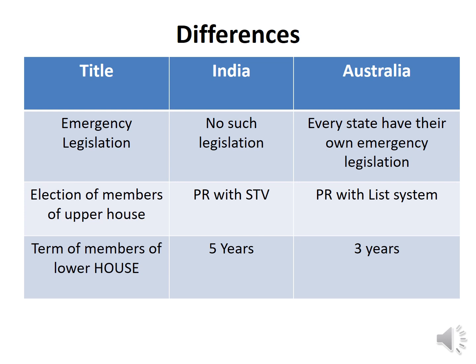There are two categories in list system: open and closed. In open, you also mark the member preference, but in closed you don't mark the member preference. It is the party who nominates their members as per their 1, 2, 3, or as per their preference.